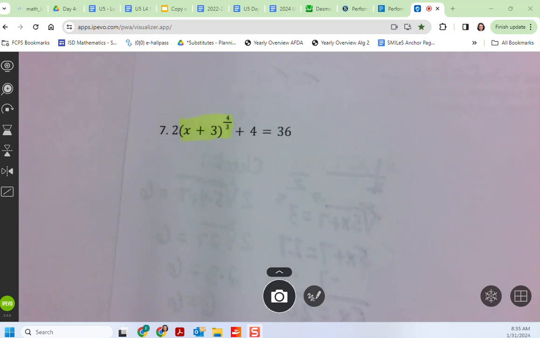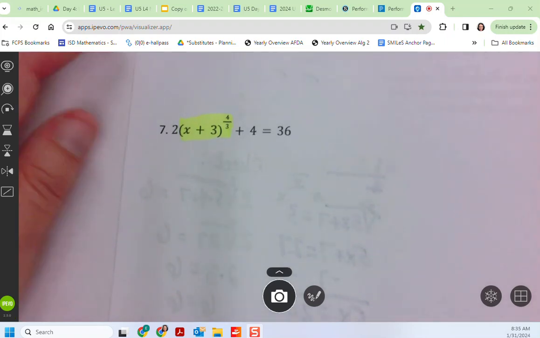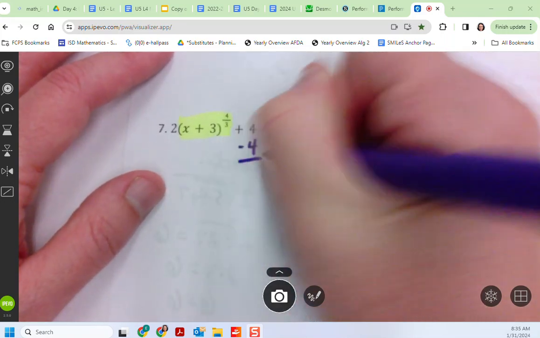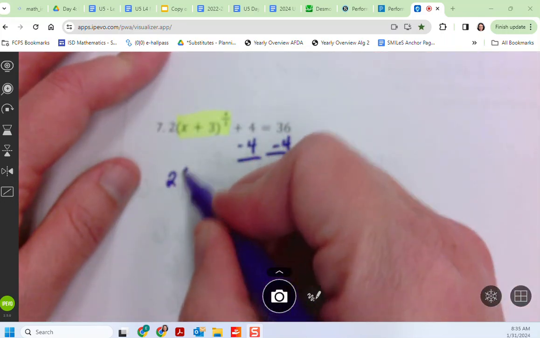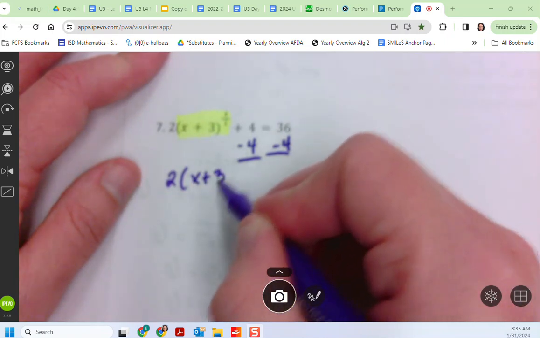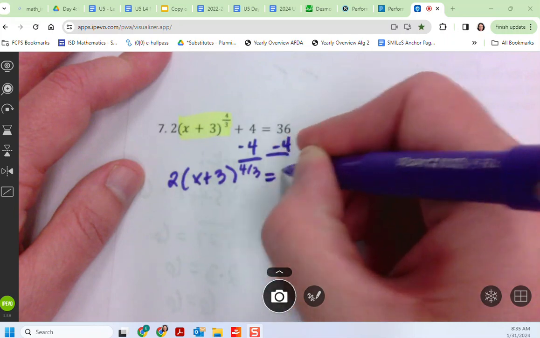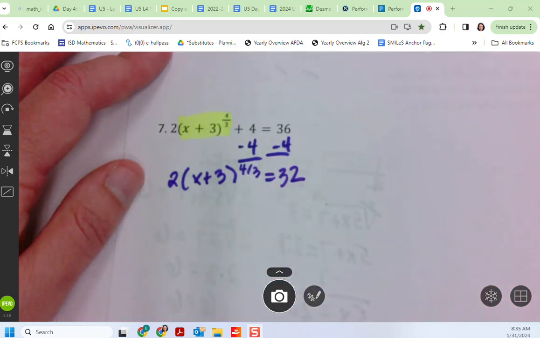The 4. So when we're undoing operations, we do PEMDAS backwards, and so you get rid of the addition and subtraction first. So we're going to subtract the 4. And then how do we get rid of the 2? Divide, good.